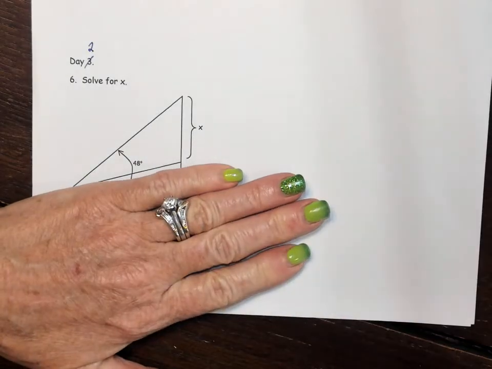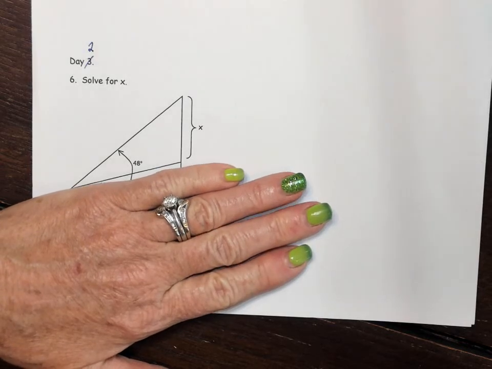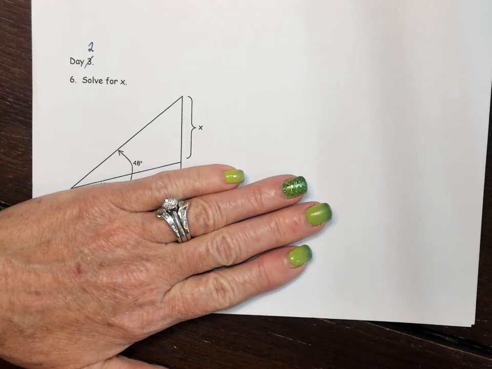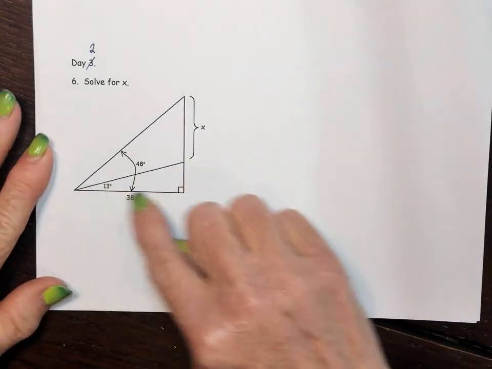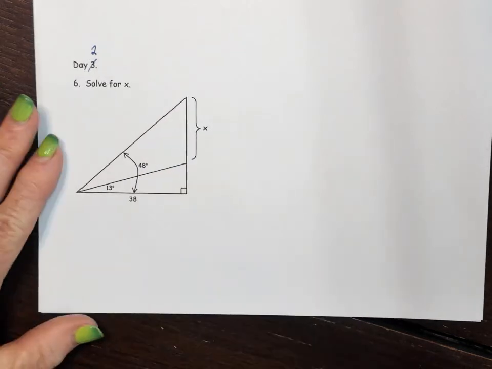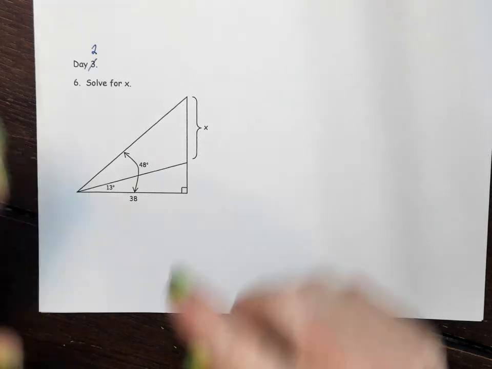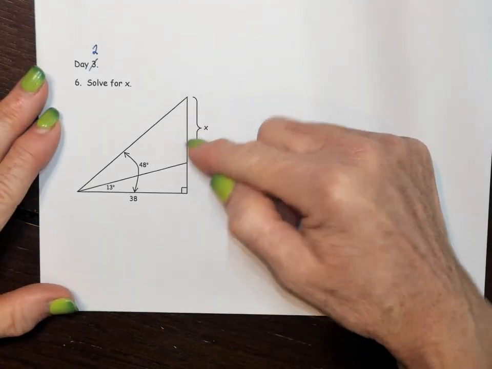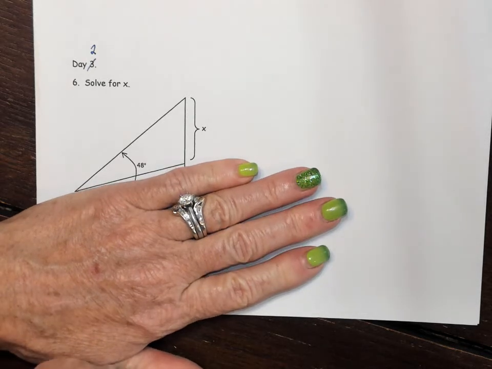There's this triangle here that is not a right triangle, so SOHCAHTOA will not work for that triangle. And then we have the big triangle here, which is a right triangle. We want to find this length x, which is a piece of that non-right triangle, and again, SOHCAHTOA will not work there.